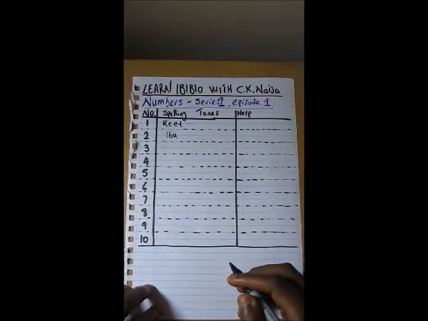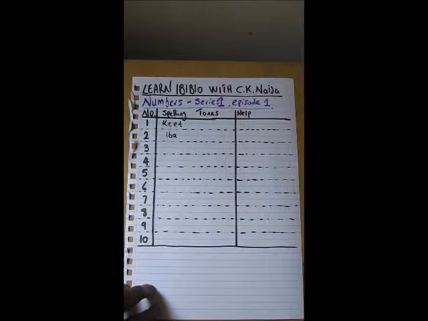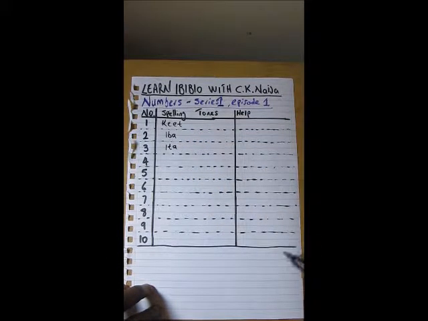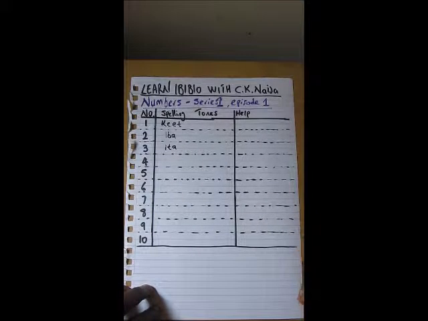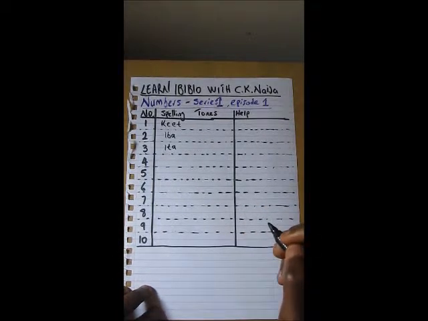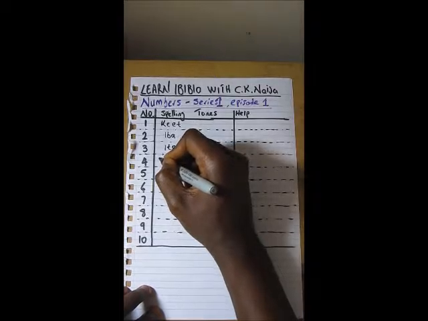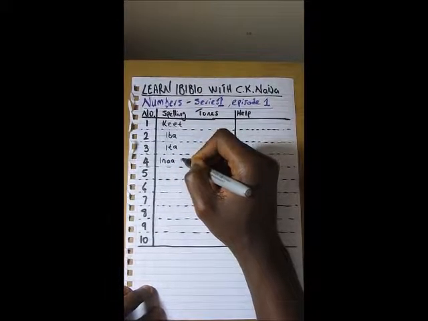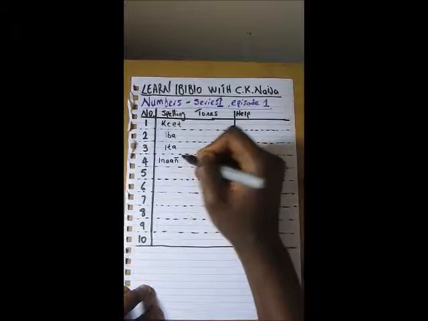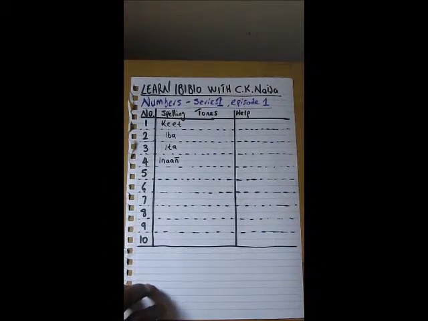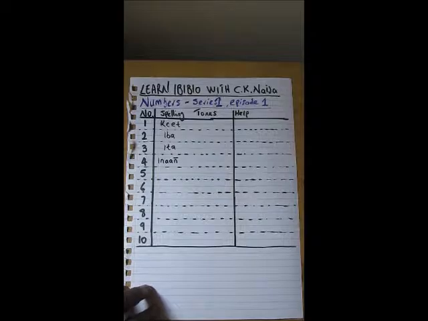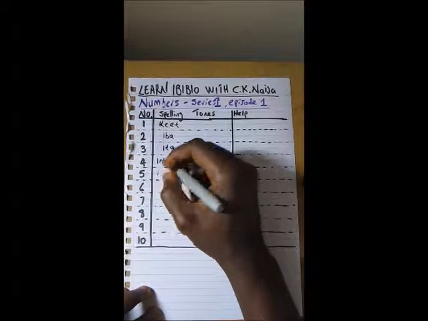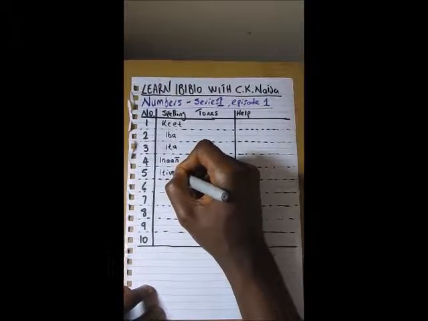The word for 3 is ita, I-T-A, right? The word for 4 is inaan, I-N-A-A-N, inaan. The word for 5 is ition, I-T-I-O-N.